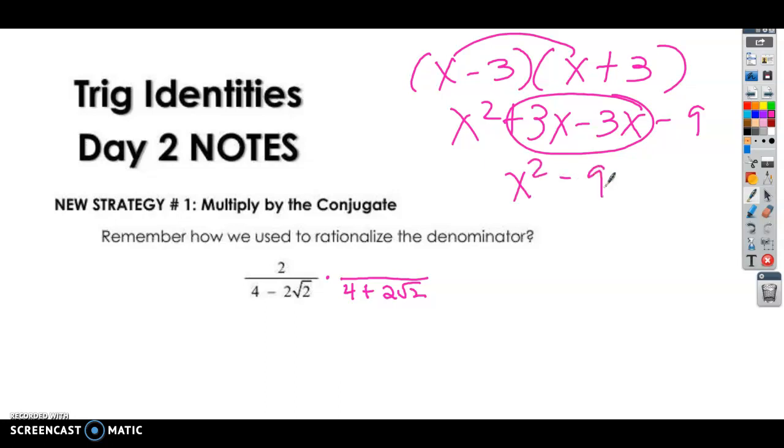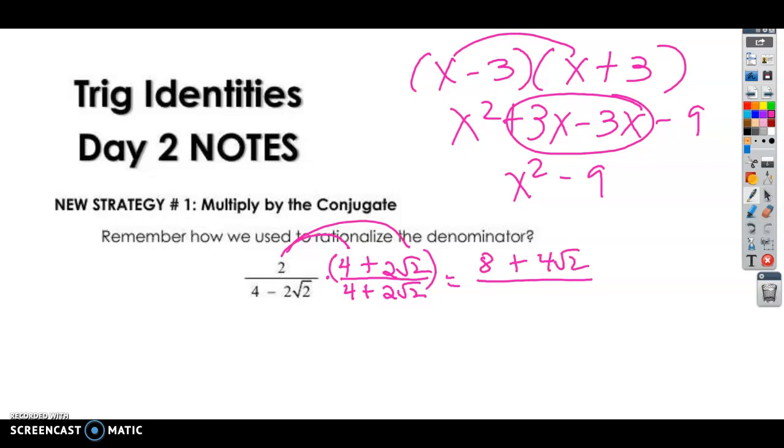And when we multiply a radical times a radical, the radical should go away. So let's go ahead and do that. Now when you distribute this 2, it's got to be to the entire parentheses. So I'm going to start here. That will be 4 times 2 is 8, plus 2 times 2 is 4 root 2.